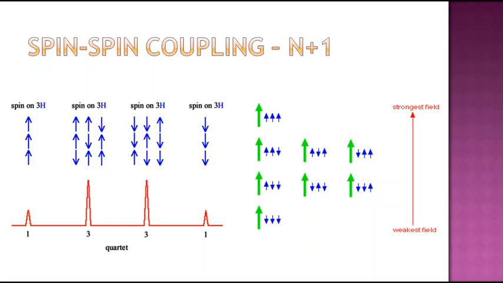If 3 protons couple with the proton, then it will split into 4, and so on. Usually the formula is n plus 1. There is only one kind of spin state for this arrangement, and the intensity will be like this.